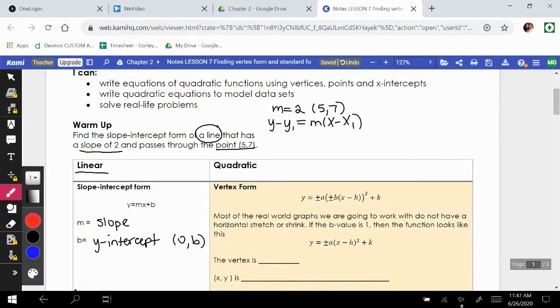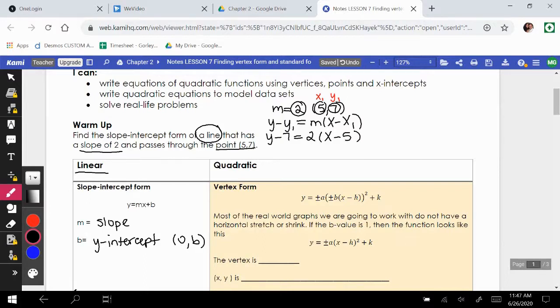Let's go ahead and label (5, 7) as my (x1, y1), so I know where to plug it in. y1 is 7, m is 2, x1 is 5.